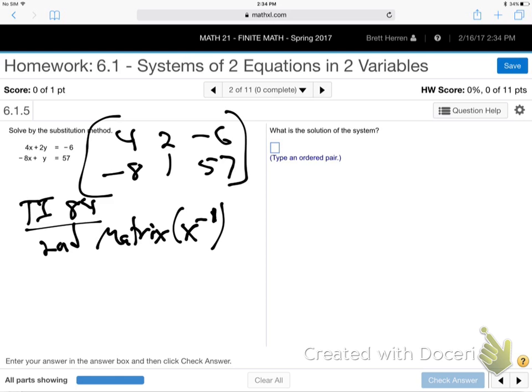Okay, see matrix right here? So hit second matrix, and you go into the matrix menu. We good there?